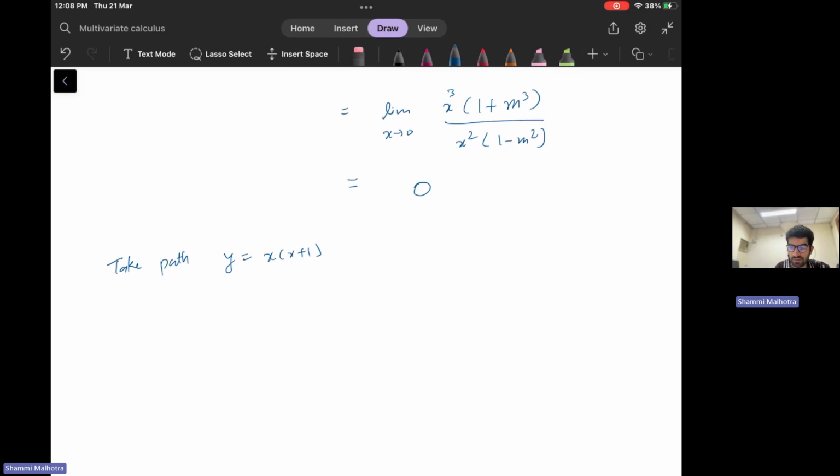So this path passes through (0, 0), and if I compute the value of f at (x, x times (x plus 1)), this will be x cube plus (x times (x plus 1)) whole cube, and then whole divided by x square minus x times (1 plus x) square.